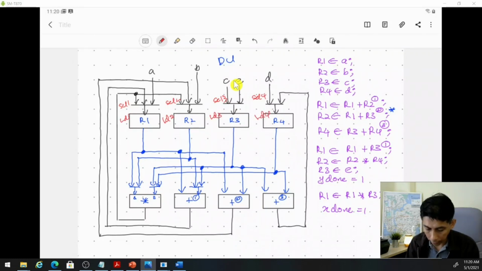For example, for this multiplexer here, if you select 0, it means that you select this from the multiplier.